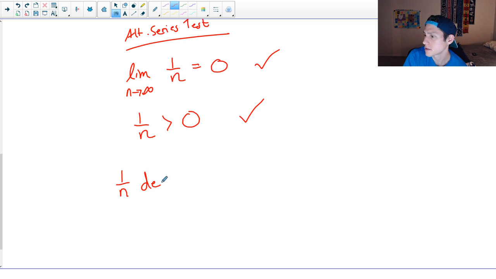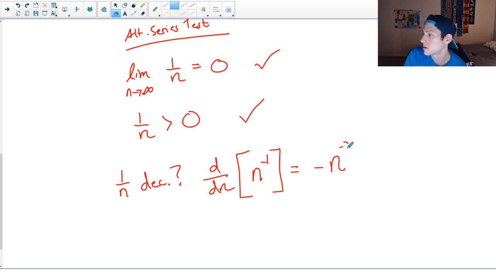And then next, is 1 over n decreasing? Well, let's take the derivative. 1 over n is the same thing as n to the negative first power. So the derivative would be negative n to the power of negative 2, the same thing as negative 1 over n squared.